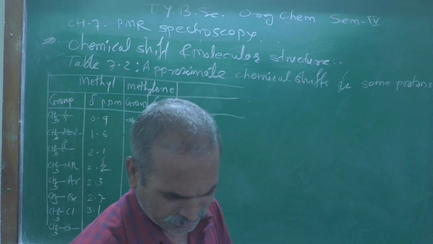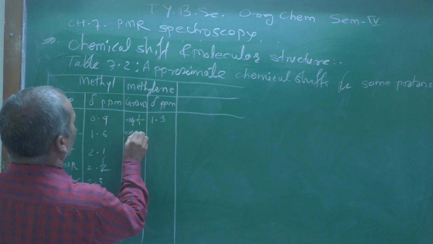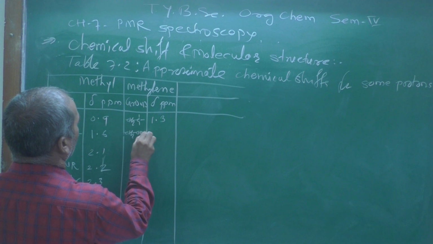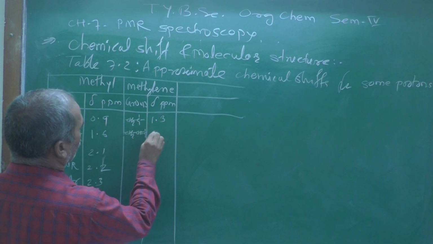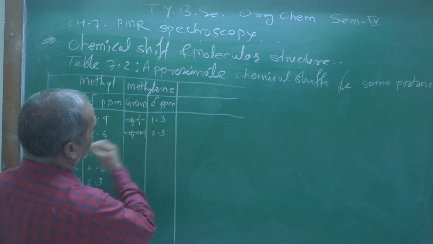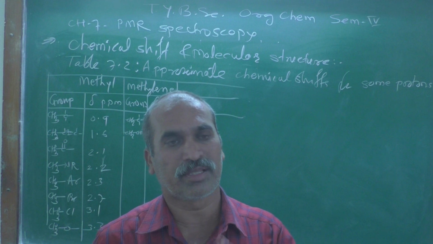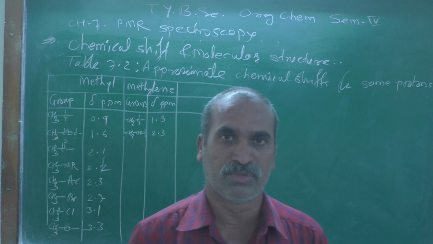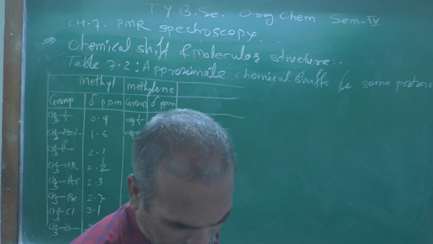When this methylene group, that is CH2, is further attached to a double bond C, the value is found to be 2.3, I think. Yes, it is 2.3, that is the chemical shift value observed for this methylene proton.